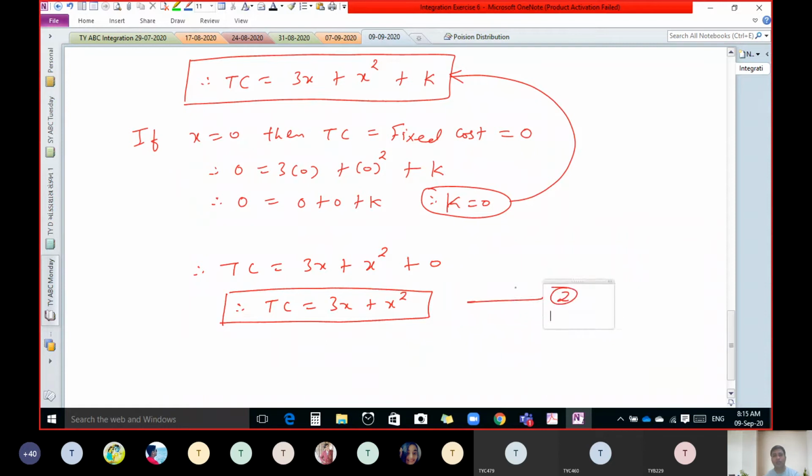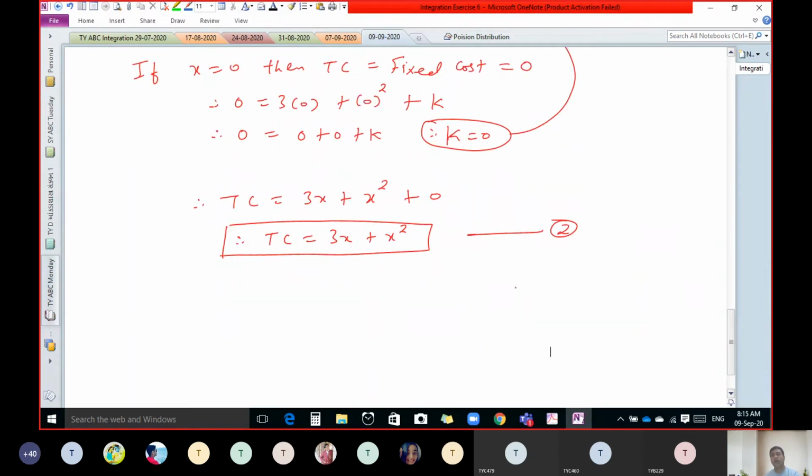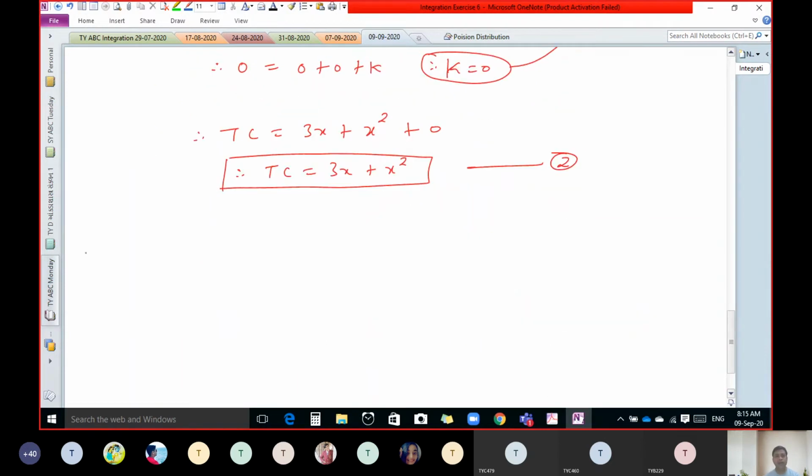And once we have total cost and total revenue, you can find out profit. Profit equals revenue minus cost, or you can write total cost.